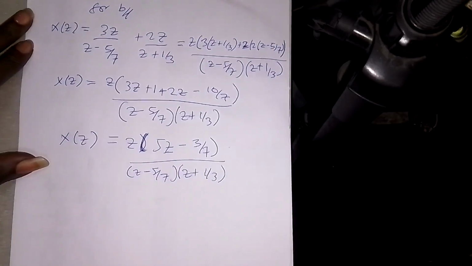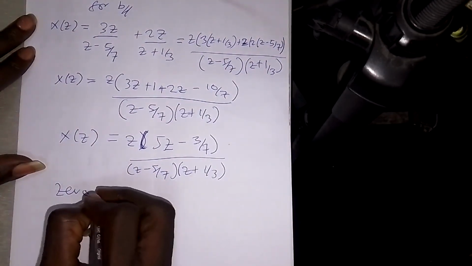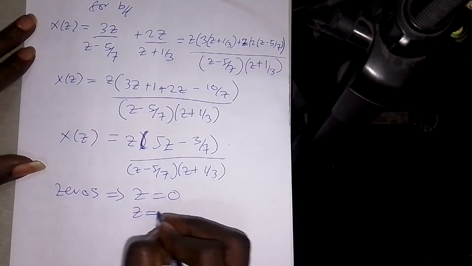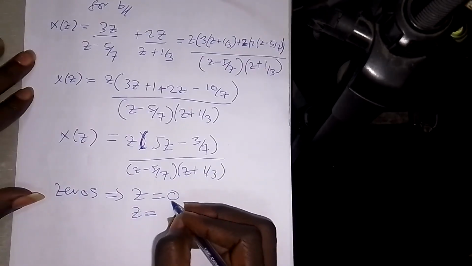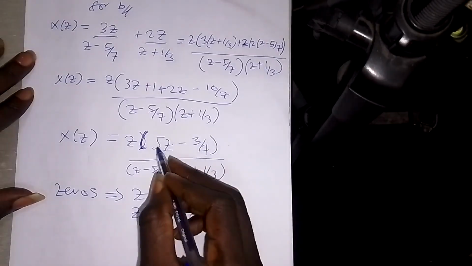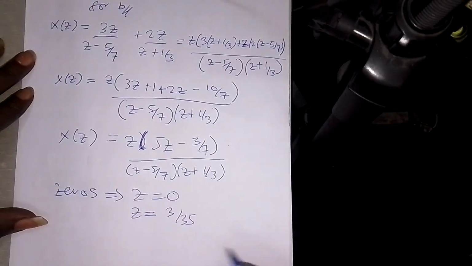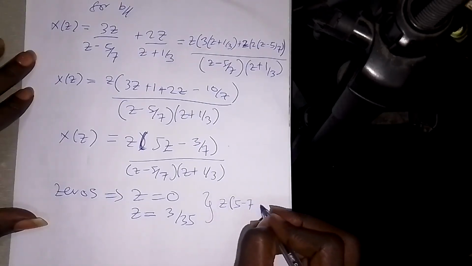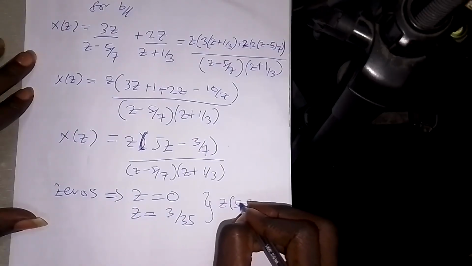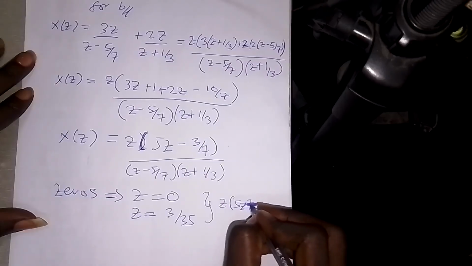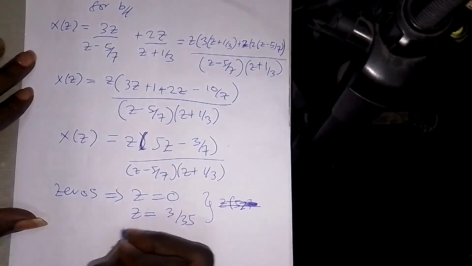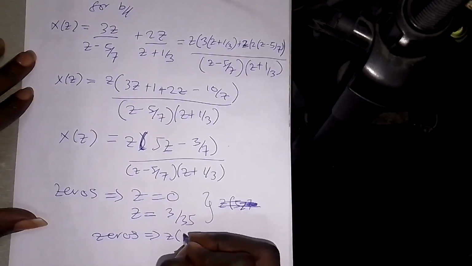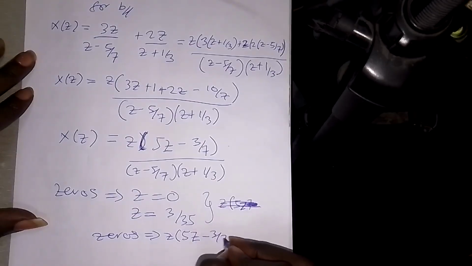Now your zeros: you're going to have Z equals 0 for this part, and Z equals 3 over 35 for this part, because your zeros are such that Z into 5Z minus 3 over 7 is equal to 0.